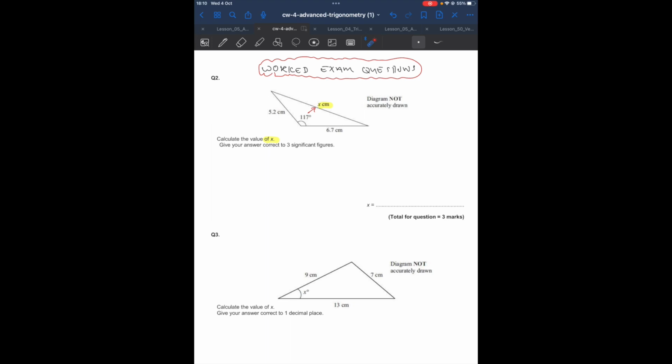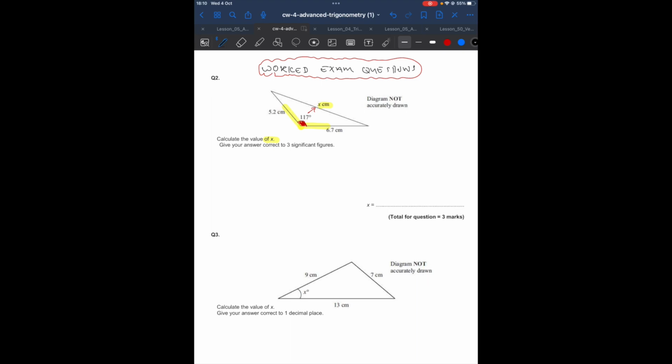In this case, it's the angle the 117 degrees looks at. You can't use SOHCAHTOA because it's not a right angle triangle. So the information you're given and what you need to recognize is that you're given two lengths and you're given the angle between those two lengths. And that's going to tell you that you need to use the cosine rule to work out the length of x.